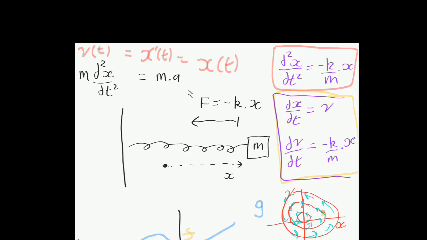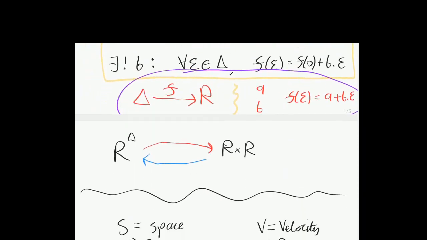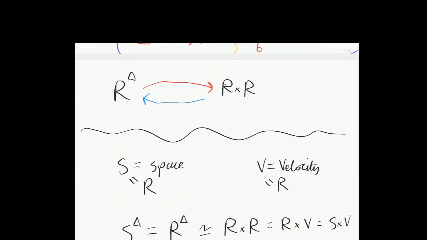And so there's a line that this thing's moving on, and at any particular time, this point on the end of the spring is at a particular location. So we have a space, which we can call S, and we can model our space as our smooth line R. So we can say space S equals R by definition.